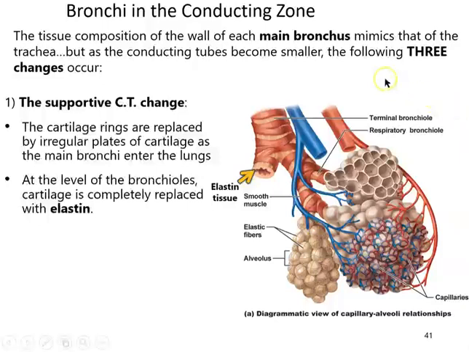So as we go from the main bronchus, which would be way up above here, because this would all be microscopic structures. As we go from the main bronchus down, we see a change in connective tissue. So the kind of regular cartilage rings we saw would become, in a smaller structure, less regular. And when we get down to bronchioles, they're really too small for cartilage.